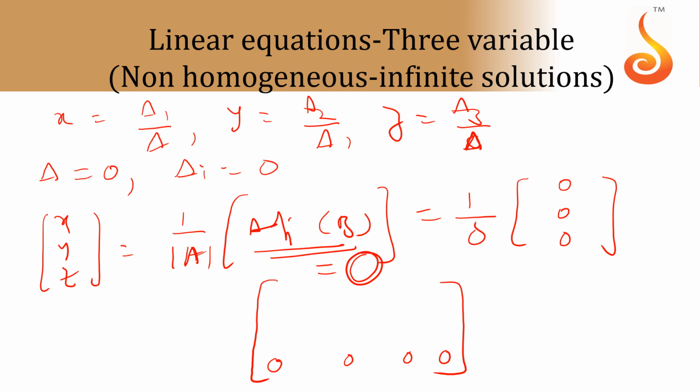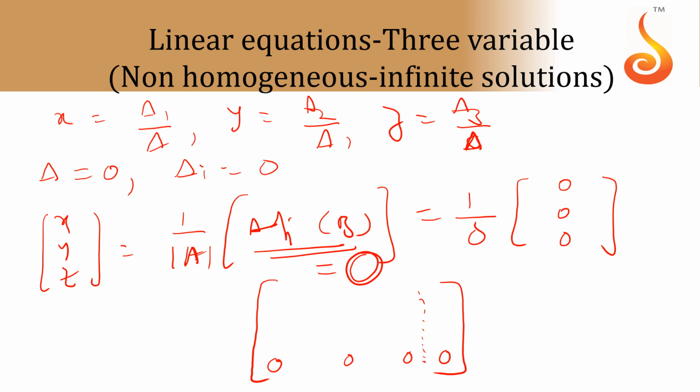And please observe, you can compare the rank of the augmented matrix and the rank of the coefficient matrix. Comparing ranks is a very easy procedure to tell the number of solutions.